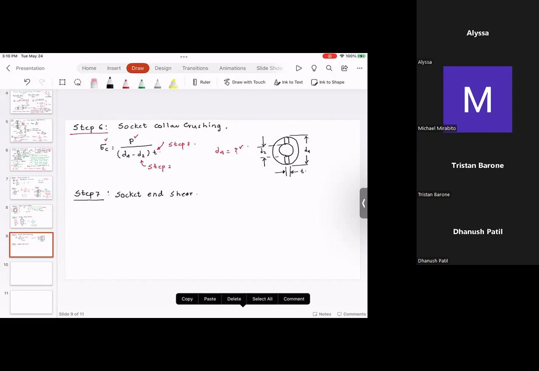So if you look at the socket end in shearing, the equation is tau equals P divided by 2 times (D4 minus D2) multiplied by C. From here, C is the thickness of the socket collar.